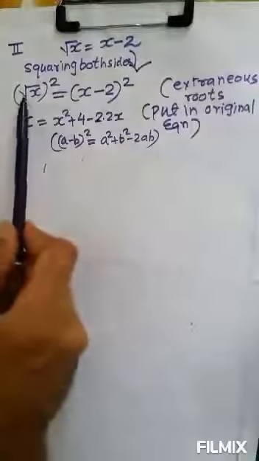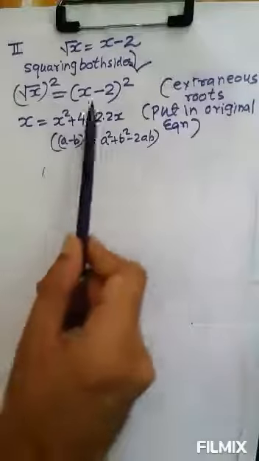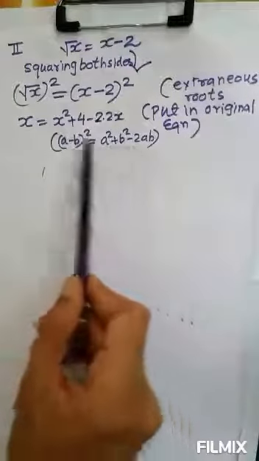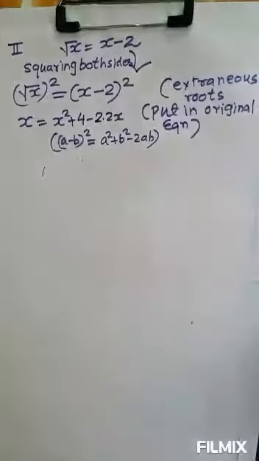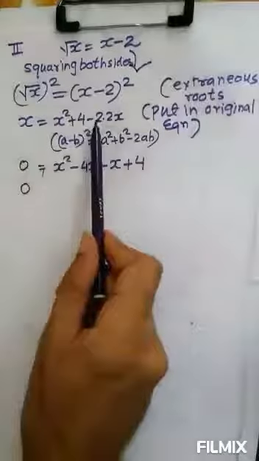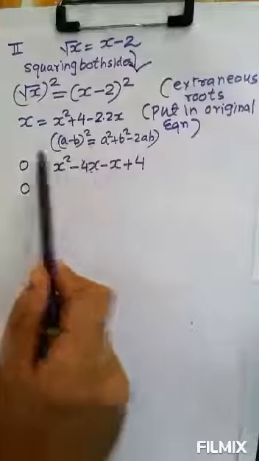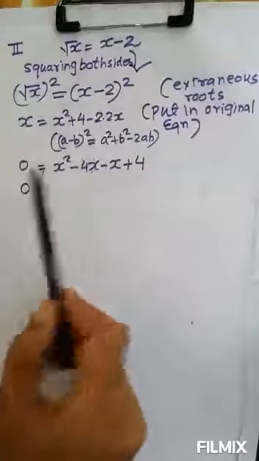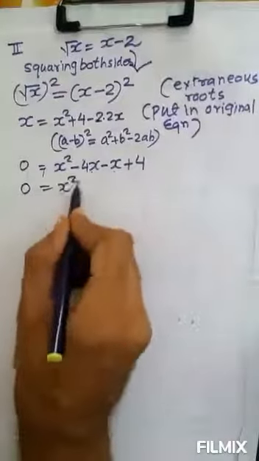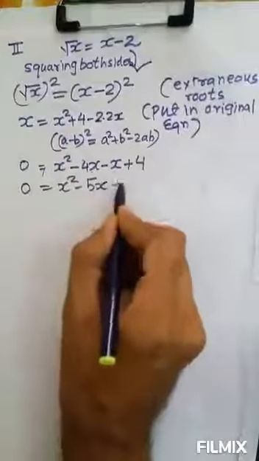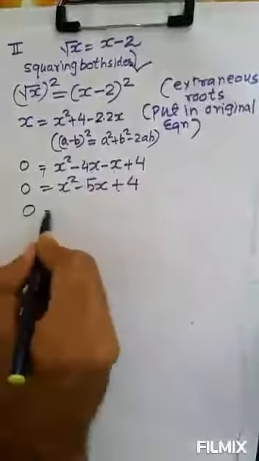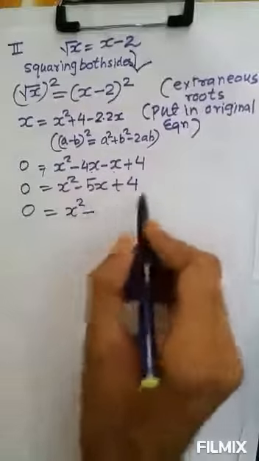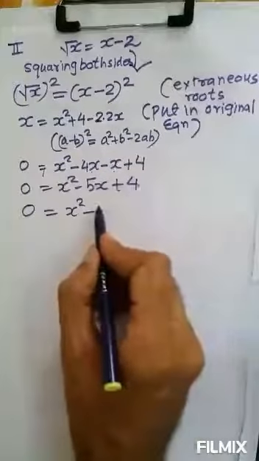Squaring both sides, under root x is eliminated and becomes x. This we will use the a minus b whole square formula. So now this is a quadratic. Minus 2 into 2x is minus 4x. x comes here and becomes minus x, which in the next step becomes x square minus 5x plus 4 equals 0. Now by splitting the middle term, 4 can be written as 4 into 1.